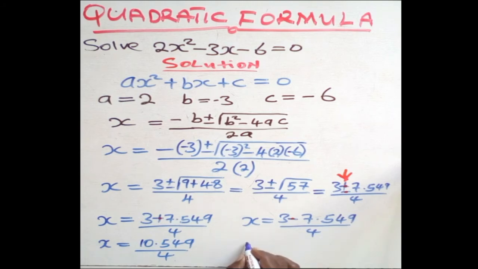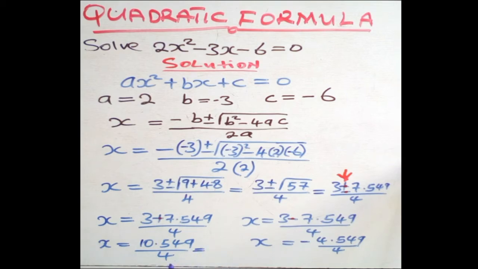This one here, you're going to have x is equal to, when you subtract 7.549 from that, it will give you a negative 4.549 over 4.